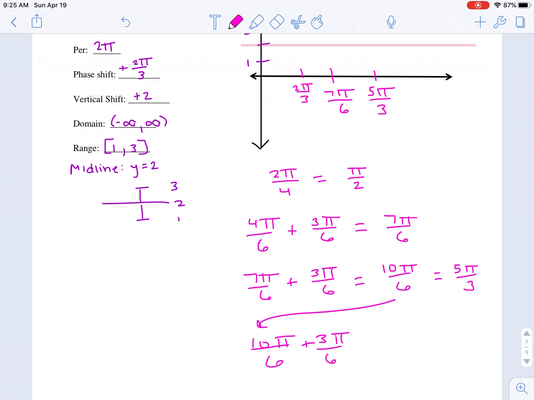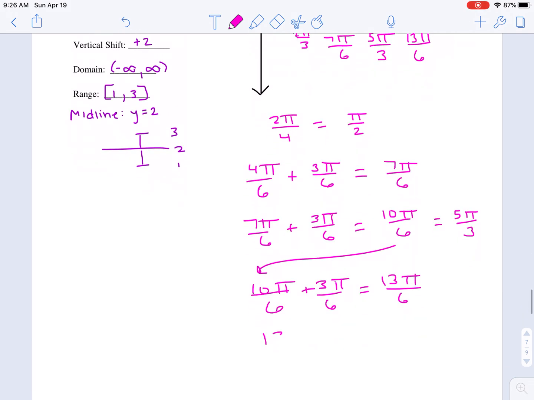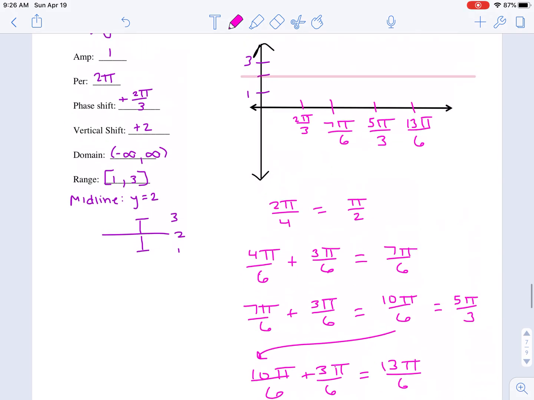So 10 pi over 6 plus 3 pi over 6 is 13 pi over 6. And then 13 pi over 6 plus 3 pi over 6, 16 pi over 6, which does reduce to 8 pi over 3.